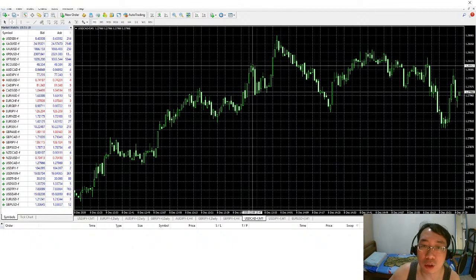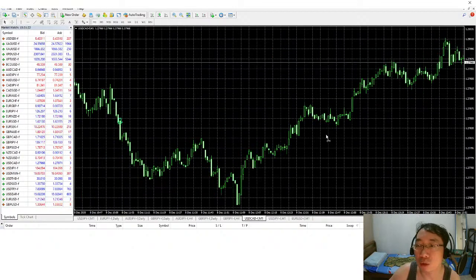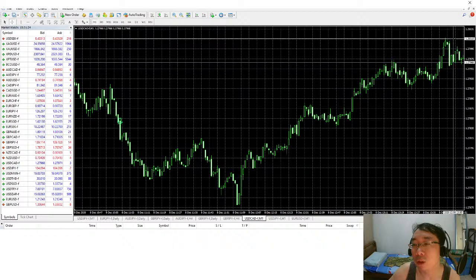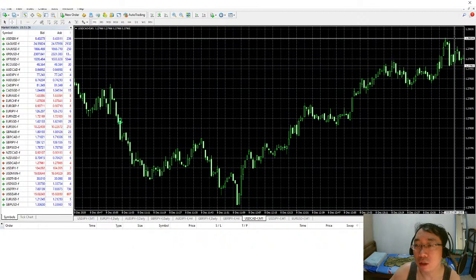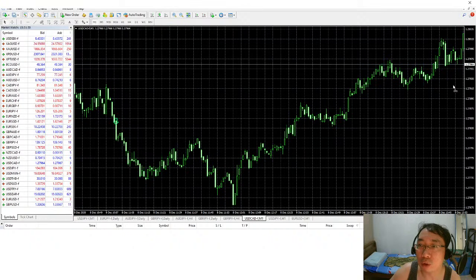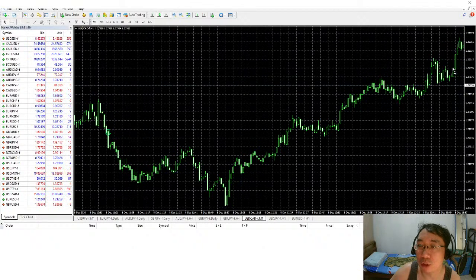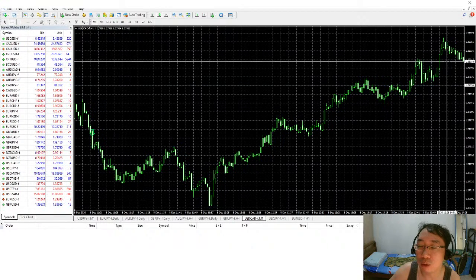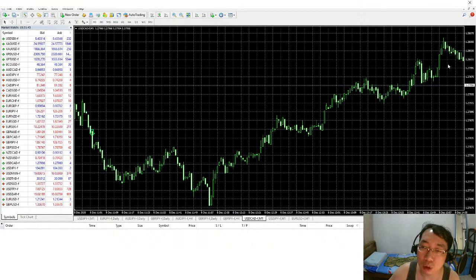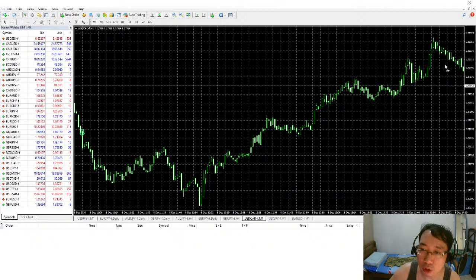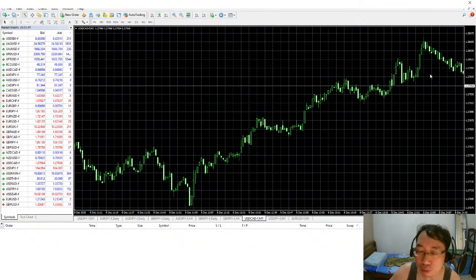So for example, this is the highest part, this is the resistance, and if we're going to trade a breakthrough, I want to trade it when we just broke through the resistance. So for example, there's a candle that closes above here, and we enter a buy trade and ride it up, right? So that's trading breakthrough. This is very similar to the bots that I'm already using, which are trading breakthroughs.